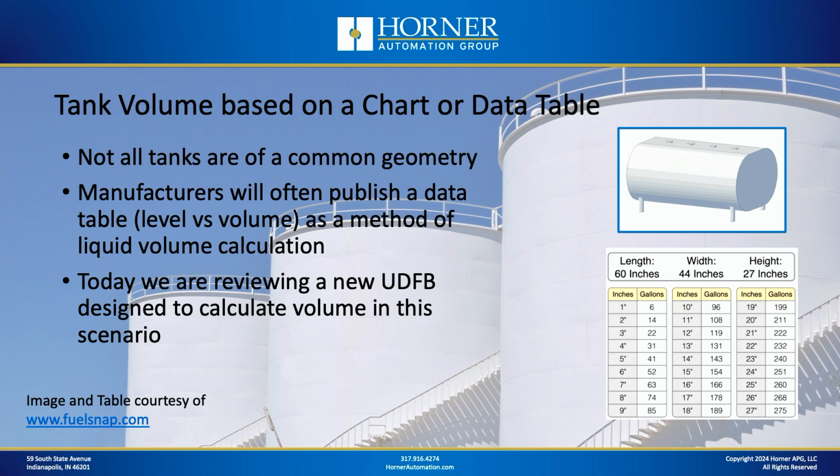So what we're going to do is we're going to show you how to take a manufacturer's table like this, and then by using a user-defined function block that I've created, you can import that into your project, and then basically calculate very accurately the amount of liquid in your tank based on level in terms of course, gallons or liters or in percent full of the tank.